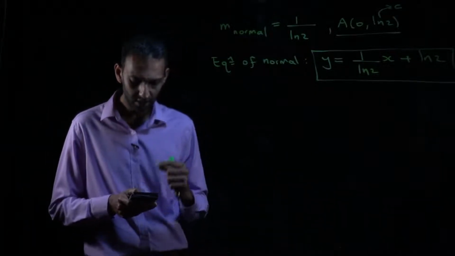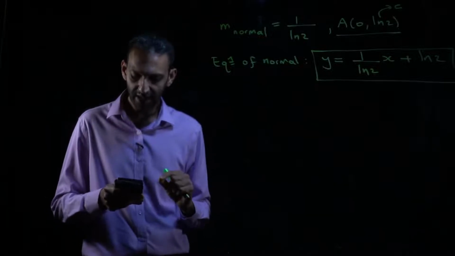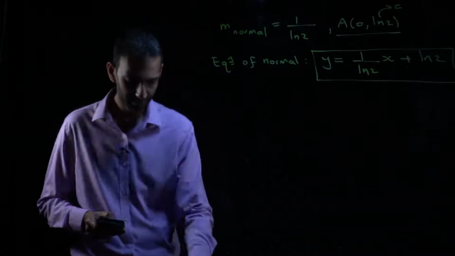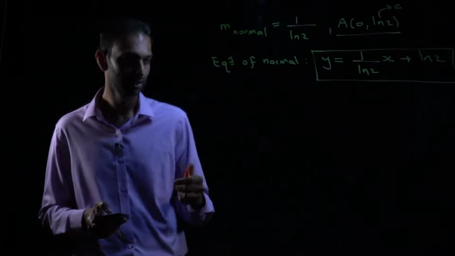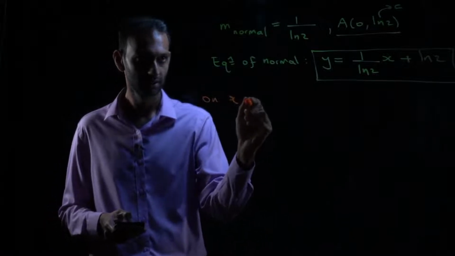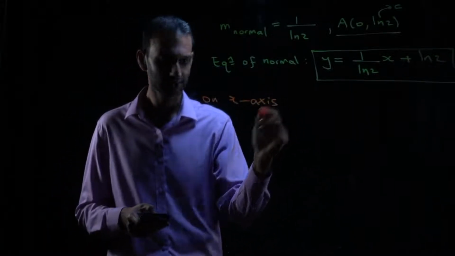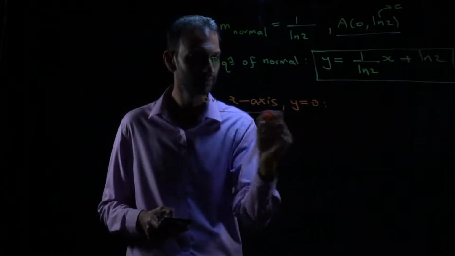Now, let's revert back to the problem. The normal is meeting the x-axis at the point B. So on the x-axis, what happens? On the x-axis, y is equal to 0.